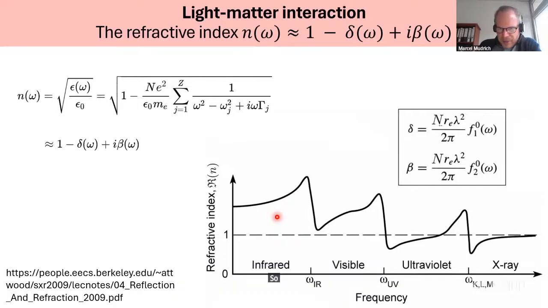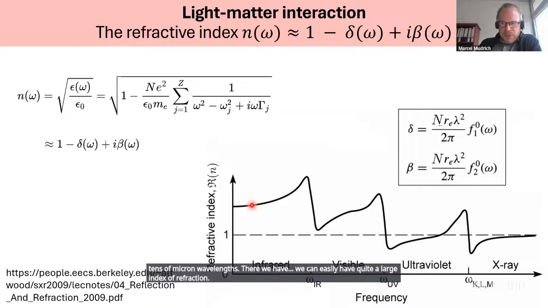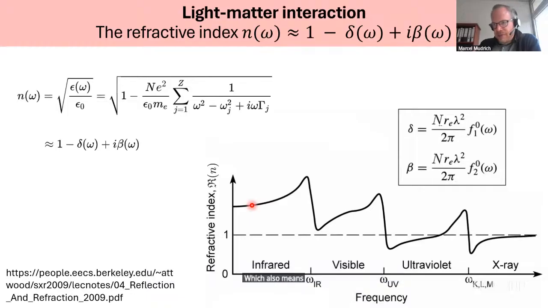So why does it look like this? Maybe the main trend you can say is that the index of refraction drops. In the infrared, that would be micron, tens of micron wavelength, we can easily have quite a large index of refraction, which also means that in the infrared it's easy to refract light, to make mirrors, to build lenses.